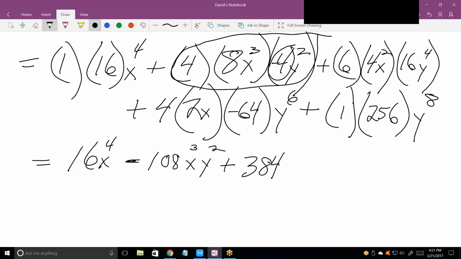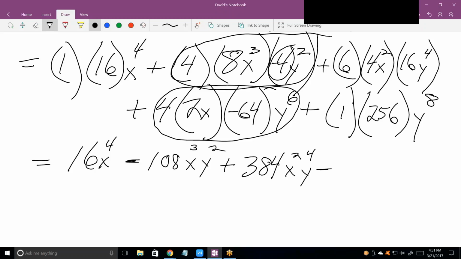And what are the variables? X squared and y to the fourth. Good. It's the next term. And it's a minus, because all of that is a minus coefficient.